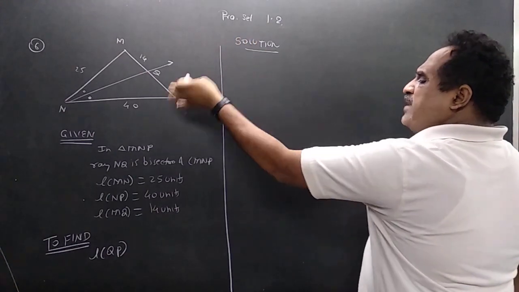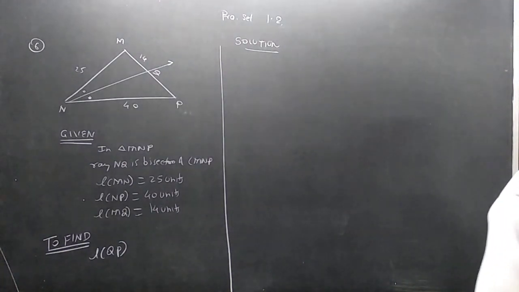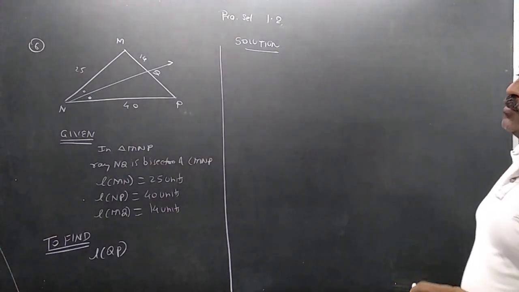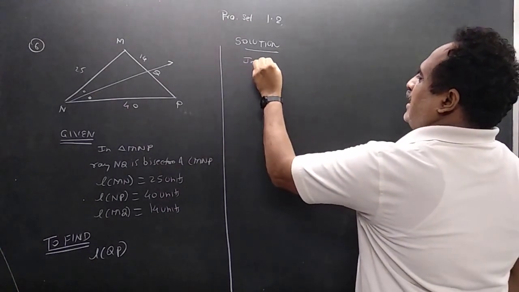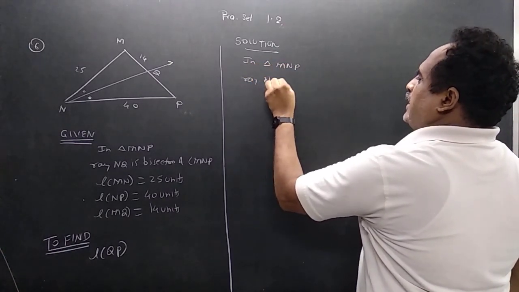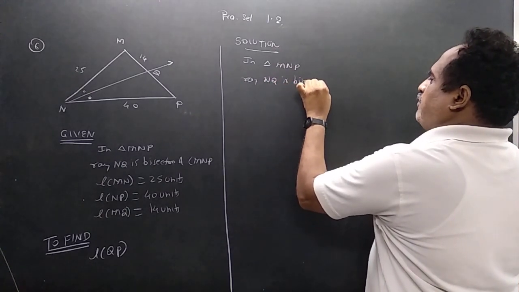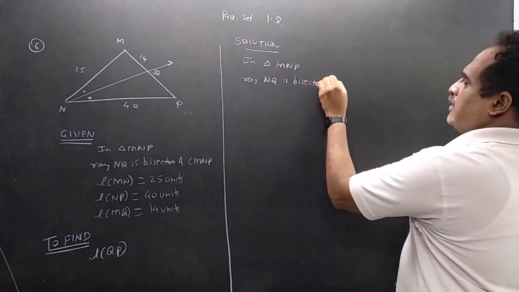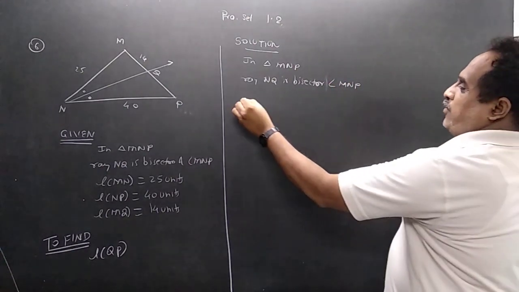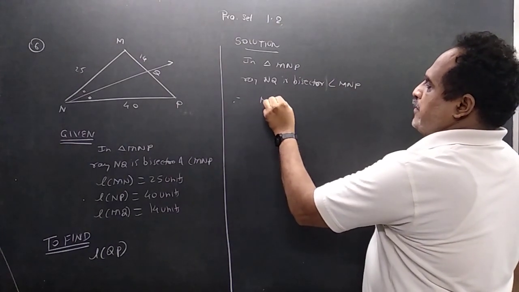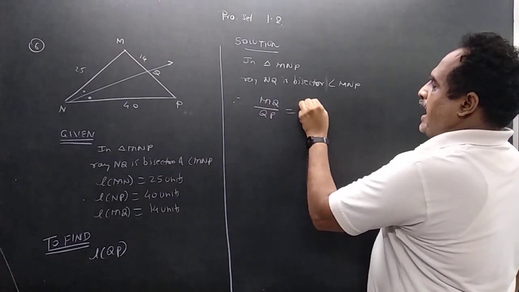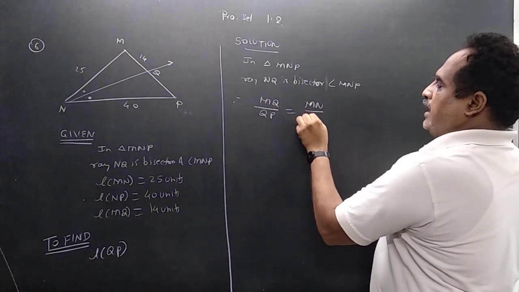Solution. Now they have given the bisector, so you are going to apply the theorem on angle bisector of a triangle. Simply, I'll get the value of QP. So in triangle MNP, ray NQ is a bisector of angle MNP. Therefore, we can write MQ upon QP is equal to MN upon NP.